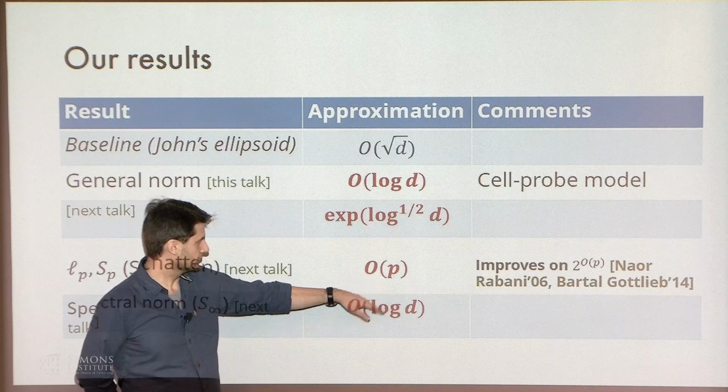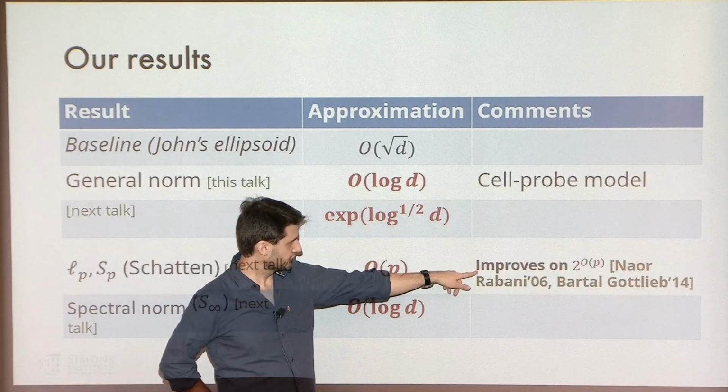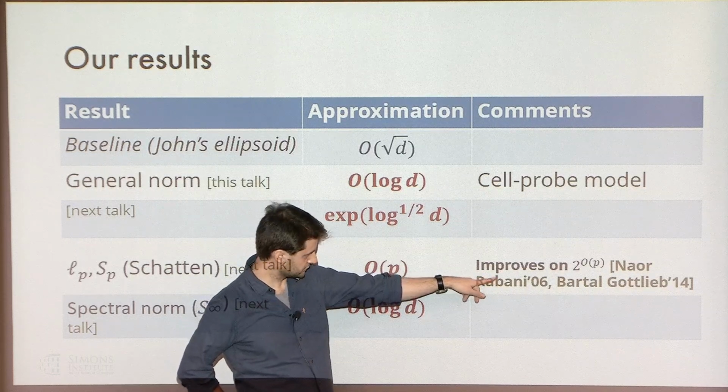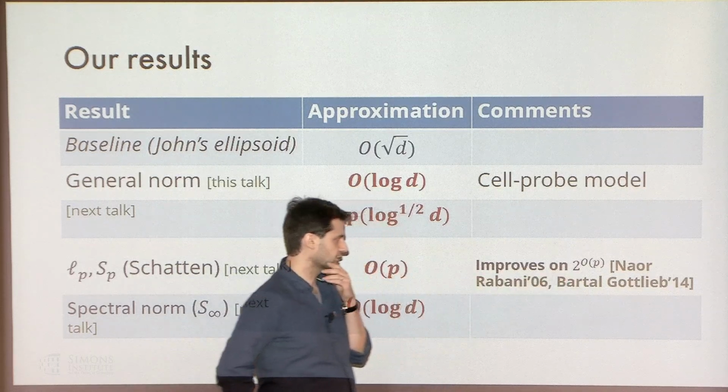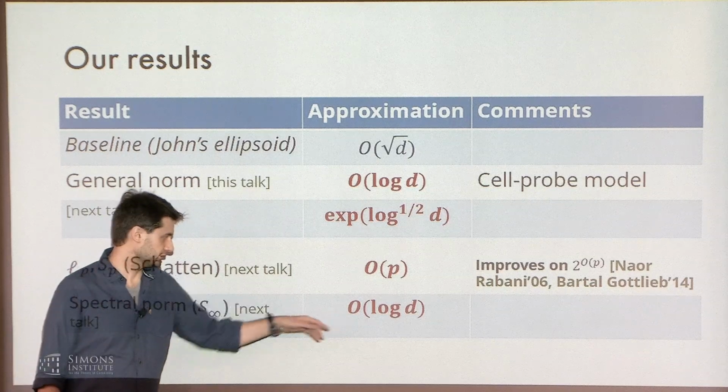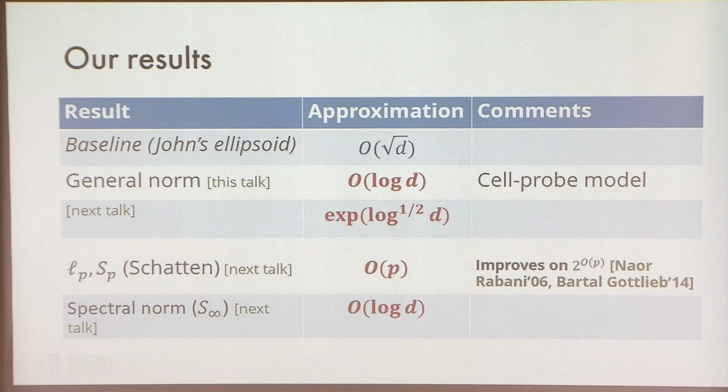I should say for l_p, this improves upon approximate nearest neighbor search algorithms that got approximation exponential in p before. In particular, for the spectral norm, which is basically Schatten with p equal to infinity, one can get approximation of order log d. What I'm mentioning is that these are actual data structures, not just cell probe.